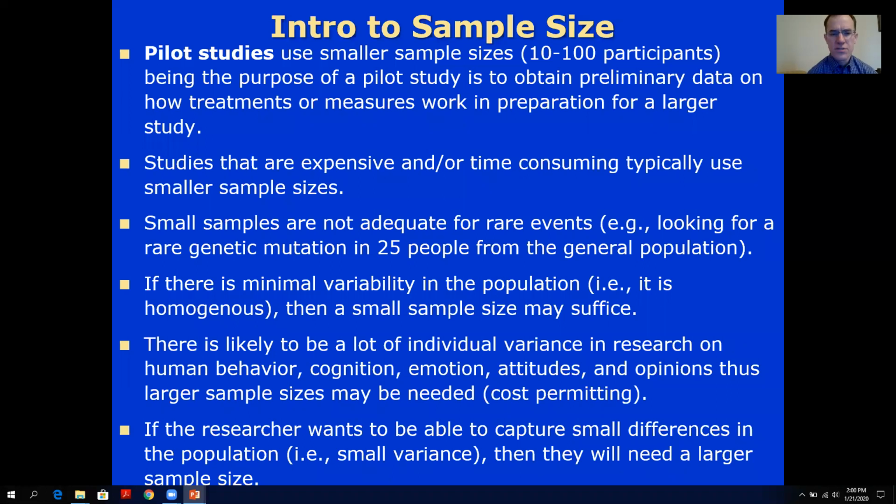Also, if there's likely to be a lot of individual variance in research on human behavior, cognition, emotion, attitudes, and opinions, thus a larger sample size may be needed, if cost permitting.